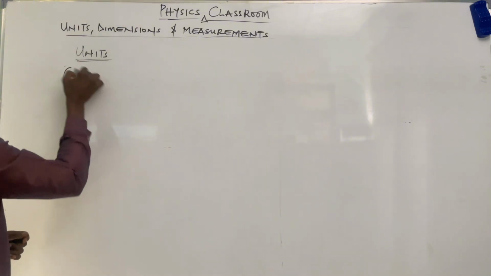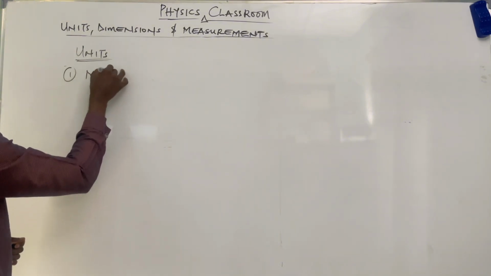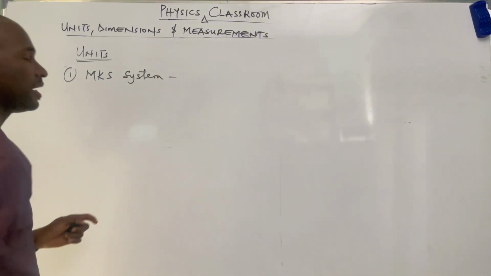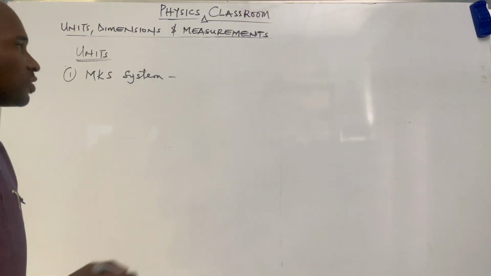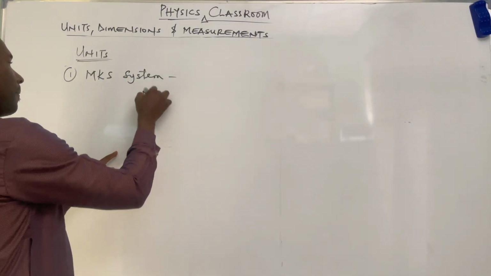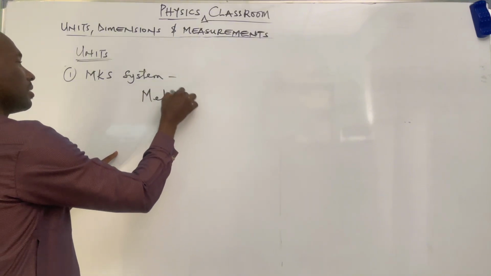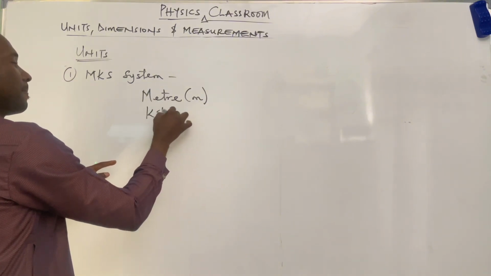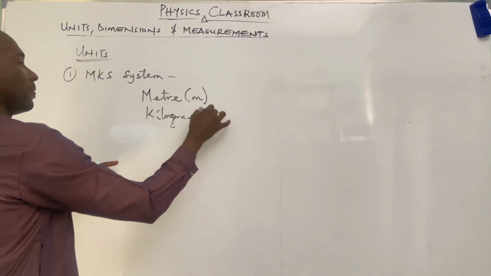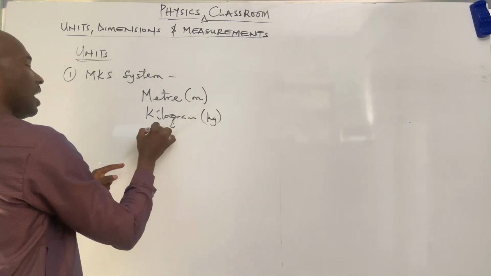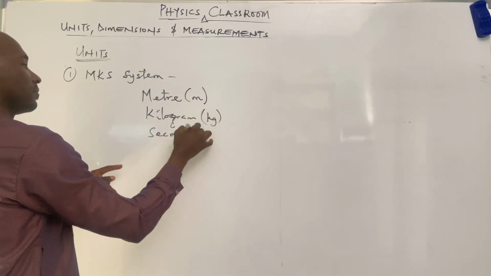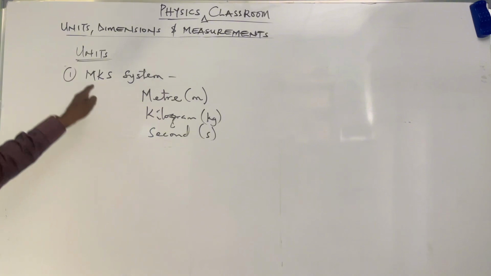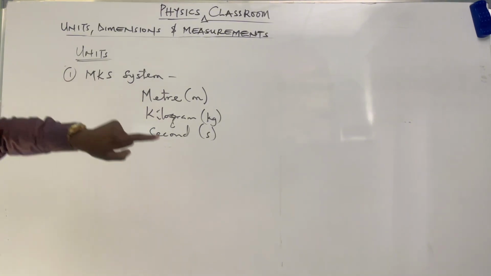Namely, number one, we have the MKS system, which uses the meter, kilogram, which is in kg, and seconds. Meter, kilogram, second. That's what MKS stands for.